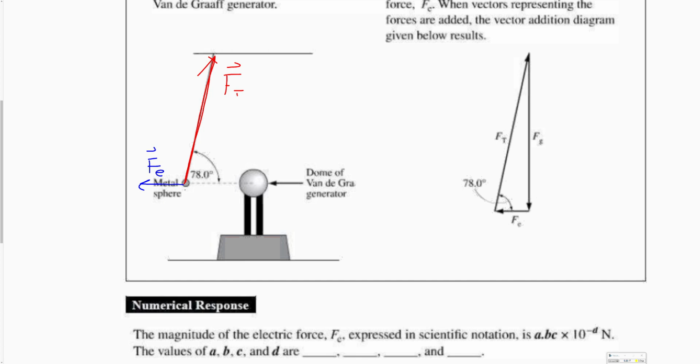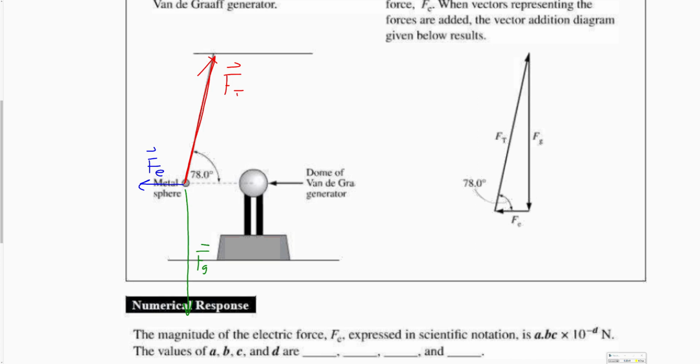Now, what they've done in the second diagram is drawn for me a vector diagram. I don't really want the vector diagram. They're showing me, look, gravity and the electric force combine to give me the tension force. I want to look at it as a free body diagram. These are my three forces acting, and because this is suspended, we know we're in a state of equilibrium.